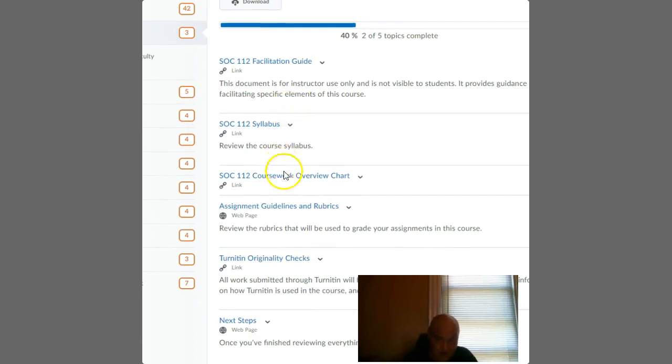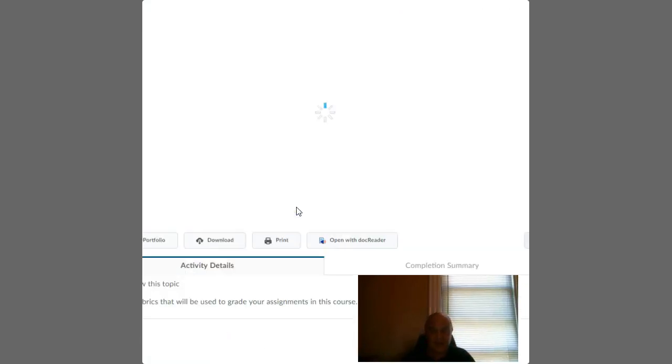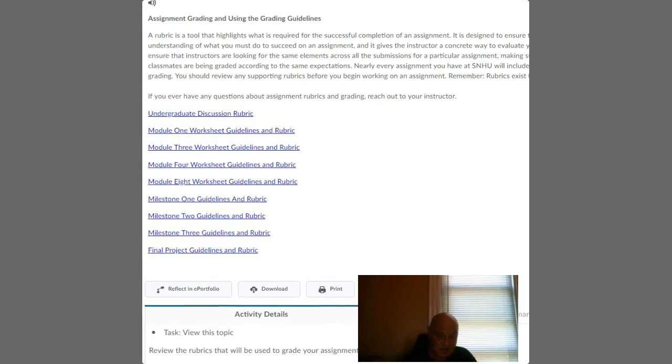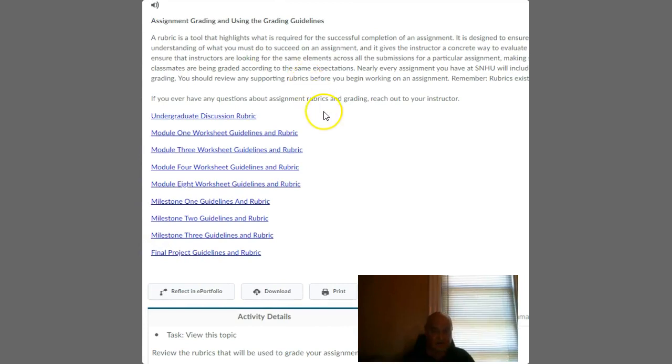Okay, over here we have the assignment guidelines and rubrics. Let me move this over here. If you look at each of these assignments, each of them are graded. I don't just grade them arbitrarily.